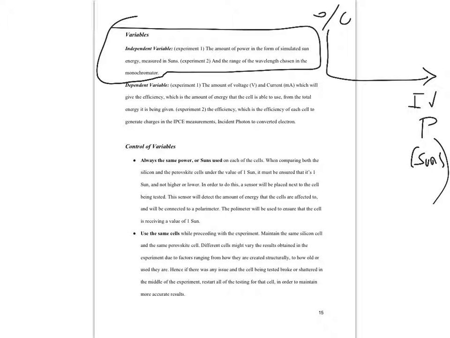And then secondly, on your second graph, you should have wavelength on the x-axis, and on the y-axis, efficiency. Now, if you have a look at the final graphs that you've got, you don't have those two.